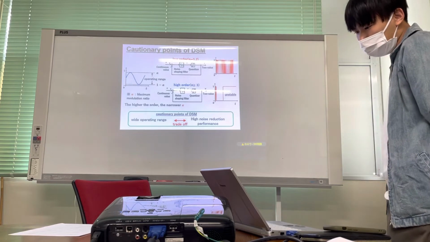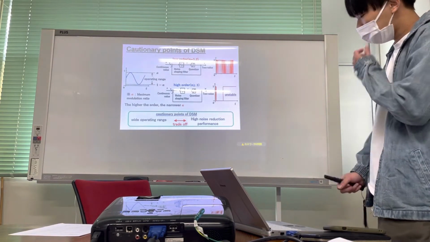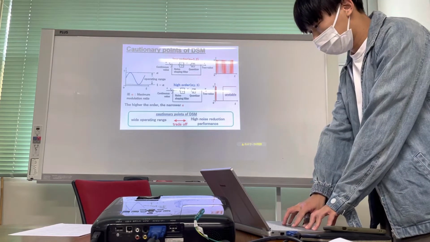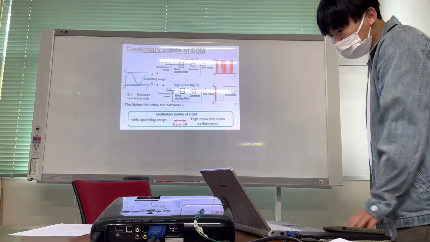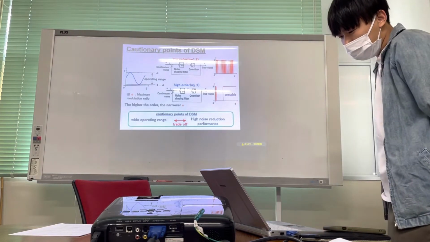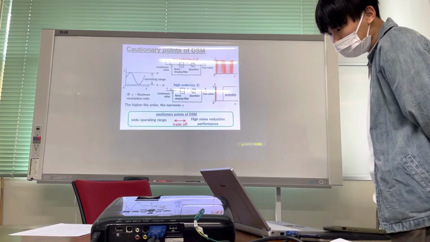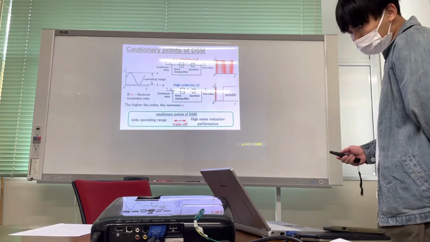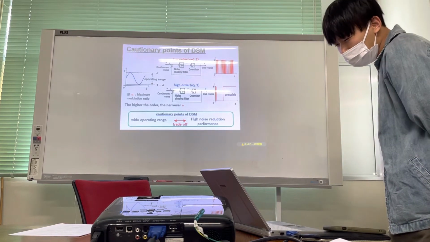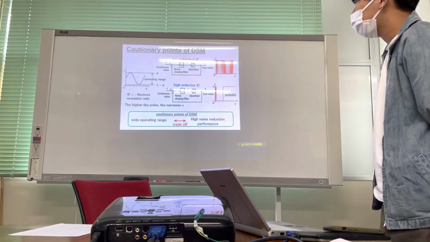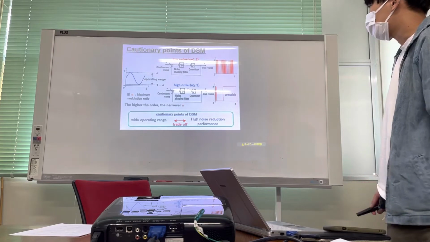The higher the order of the noise shaping filter, the narrower A becomes. If the signal exceeds the maximum modulation ratio, it will become unstable and will not recover. In this way, the delta sigma modulator has a trade-off between a wide operating range and high noise reduction performance.